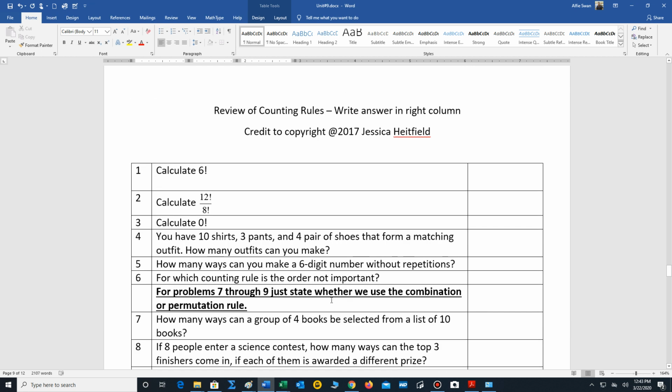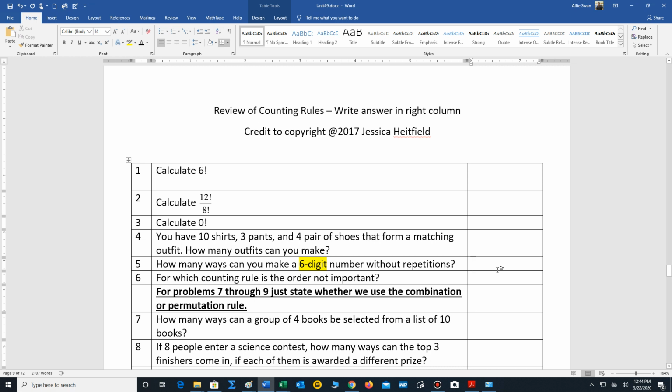I just want to work out one of these problems because this problem is where students tend to run into some issues because of the wording. It's number 5. It says, how many ways can you make a 6-digit number without repetitions? So no repetitions are allowed. Be careful, don't get confused. Don't start with 6. Remember, whenever you see the word digit, there's always 10 digits.